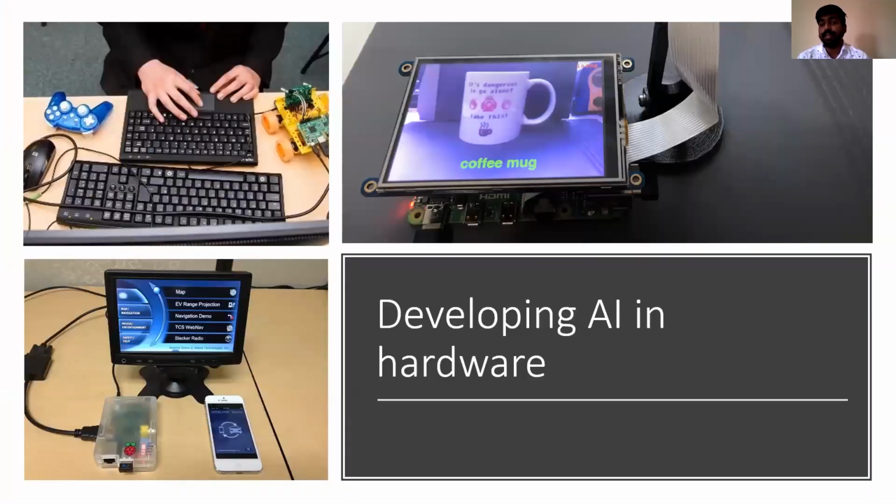Developing AI in hardware, artificial intelligence. A good example is OK Google, provided by the Google Assistant. You can tell it anything to do and it will do it. Let's say make a phone call.